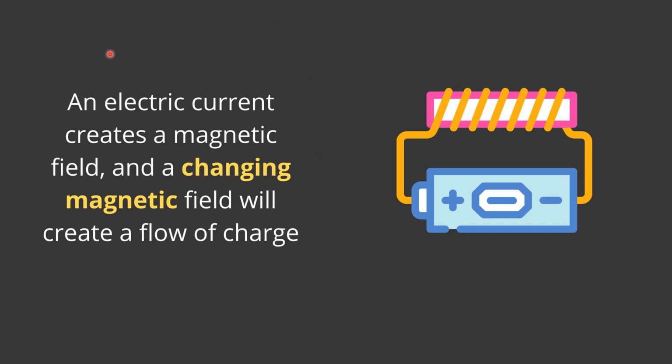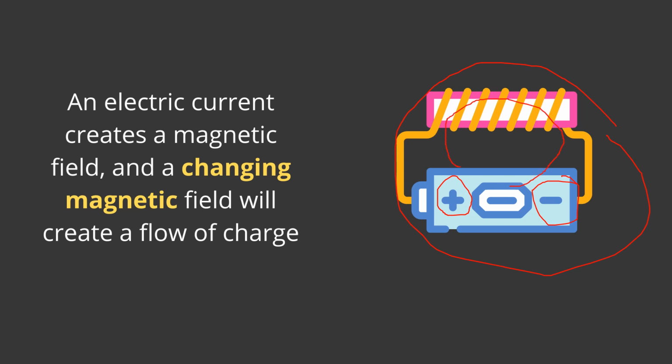Another important thing to understand about electromagnetism is this: an electric current creates a magnetic field. If you have a circuit like we have here, you have the positive terminal of your battery and the negative terminal of your battery. This means that current will be flowing in this direction.